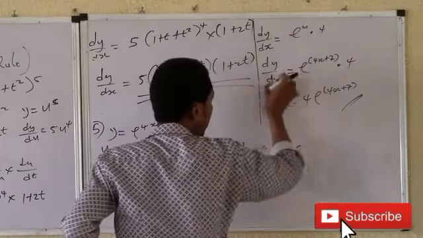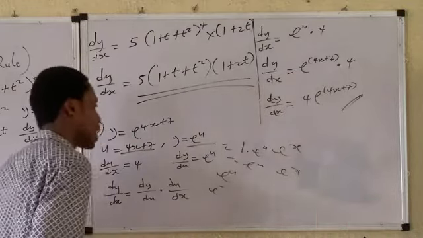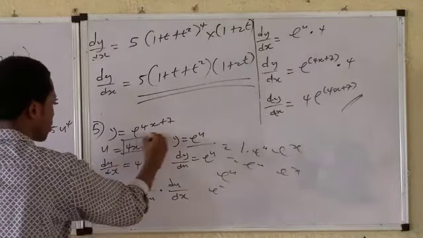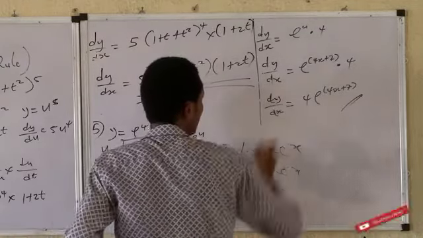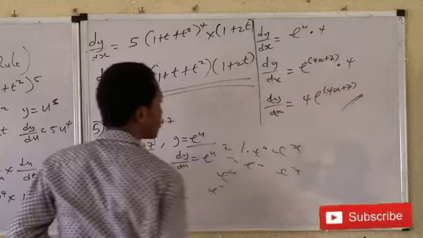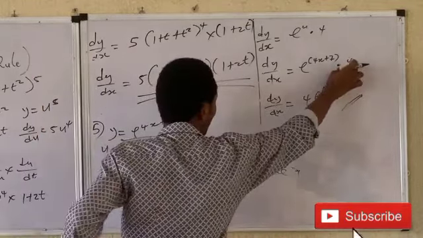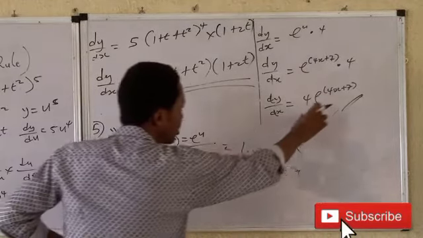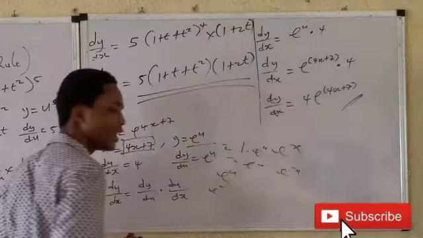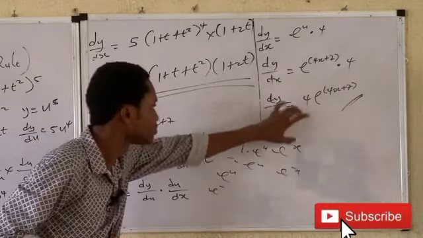Exponential u times 4. dy/dx equals exponential, our u here, remember our u is 4x plus 7, we write it here, 4x plus 7, times 4. Finally, dy/dx equals 4 exponential raised to the power, bracket open, 4x plus 7. So this is the final answer for this question.